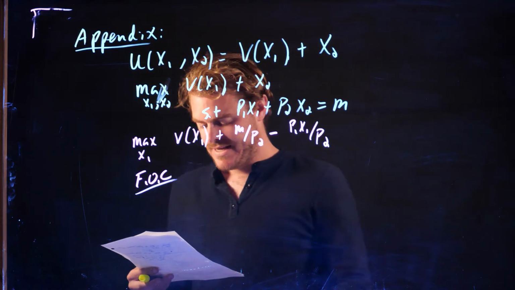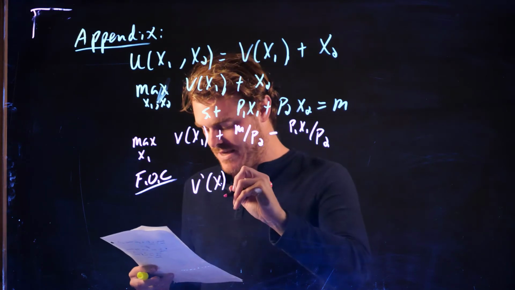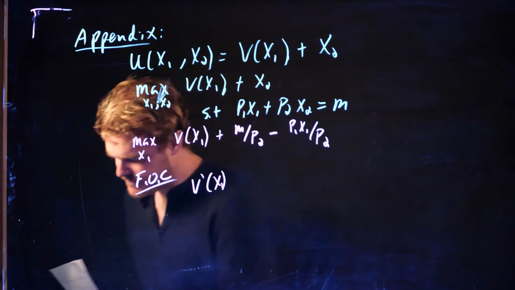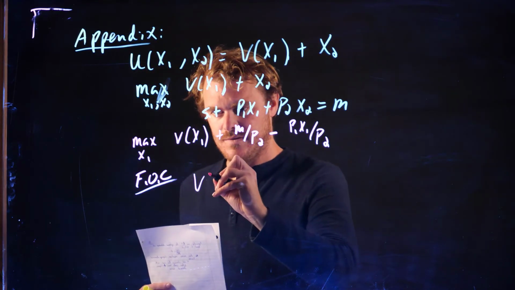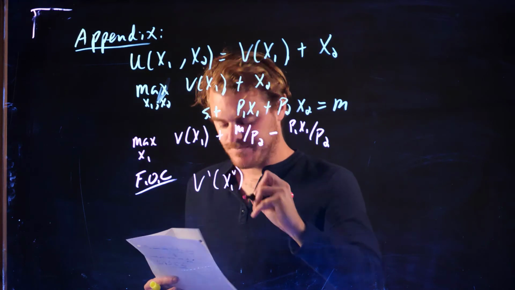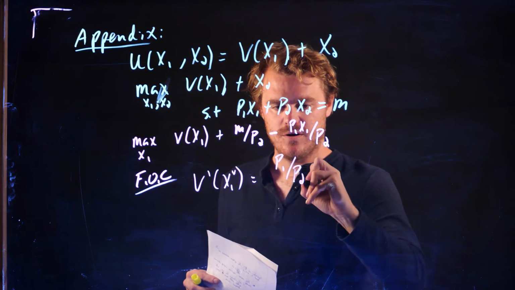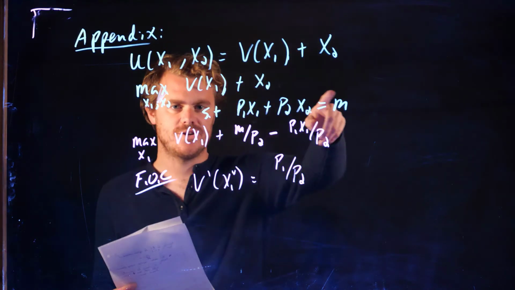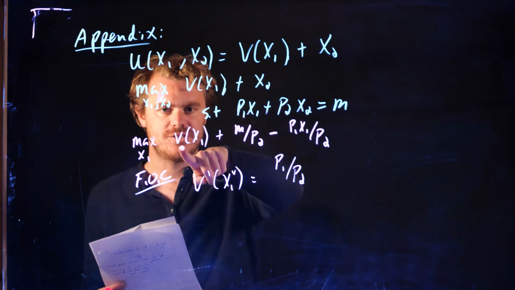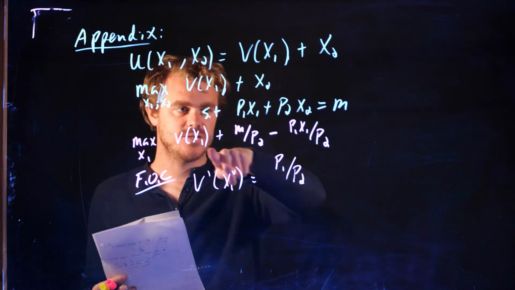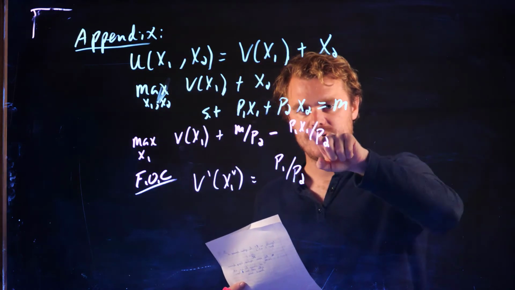And what we're going to get here is v prime of x1 star equals p1 over p2. We're just taking the derivative of this whole thing with respect to x1. There's no x1 in the m over p2 term, and then we just have p1 over p2 here, because they're constants.